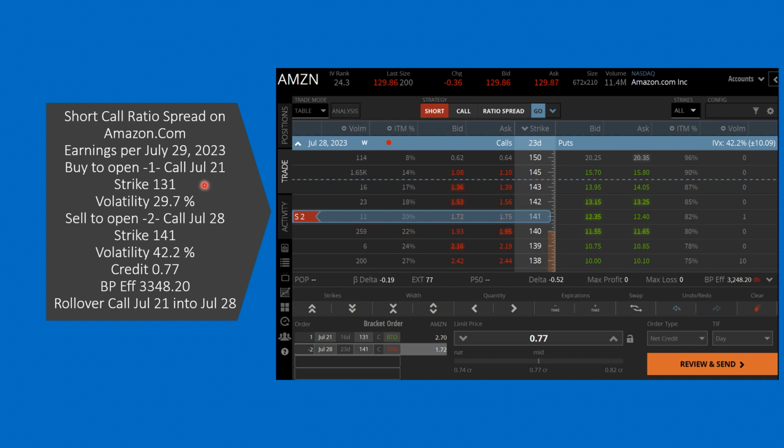What's again interesting is I would do this transaction now, and on July 21st I would roll over the call from July 21 into July 28, probably pay something, but again I would profit on what is above 131 till 141. So if Amazon brings good earnings, I really have a profit of $10, which is really incredible in a situation like we have now.